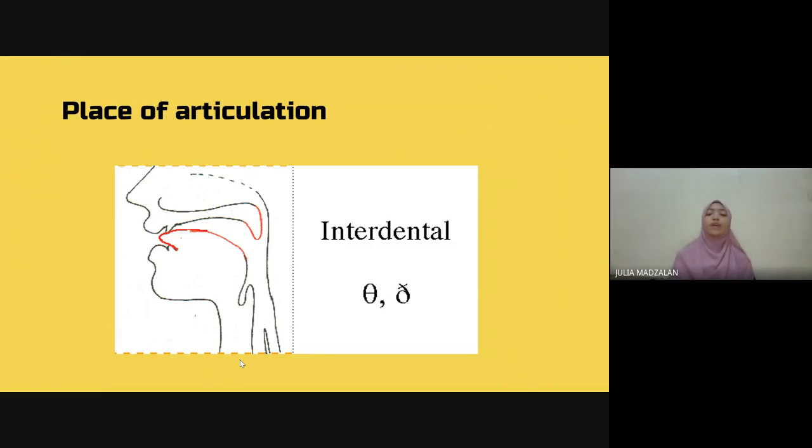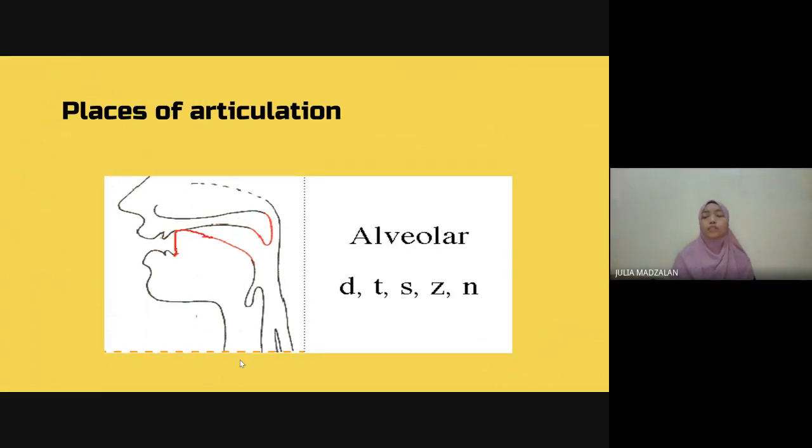Example, the, mother, father, ataupun fourth, begitu. Place of articulation seterusnya adalah alveolar sound. Example, d, t, s, z, n. You will have the tongue at your alveolar ridge. D, t, s, z, n.